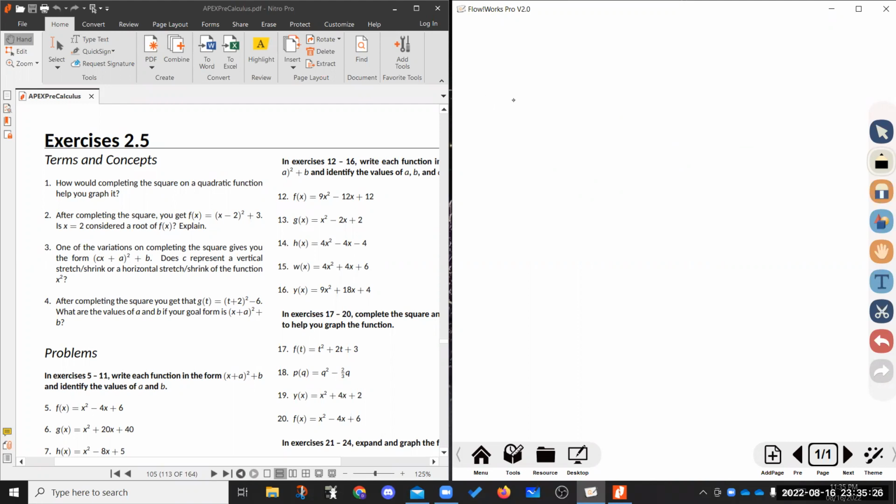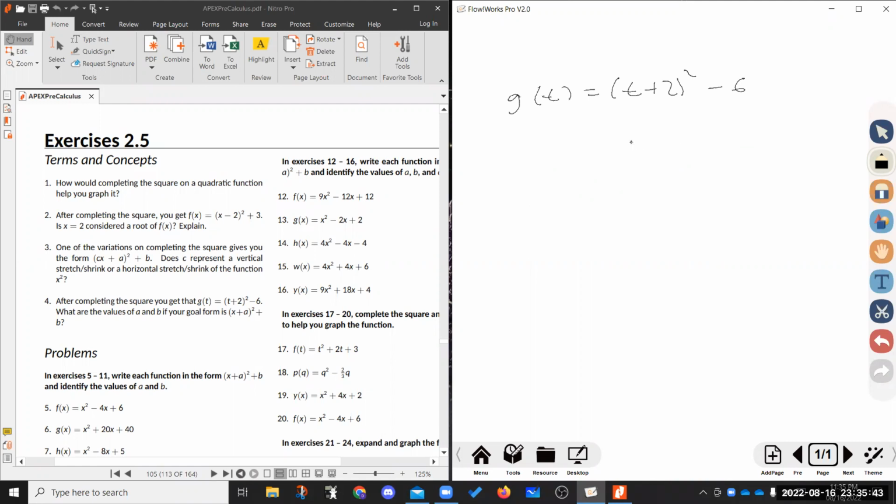After completing the square, you get that g of t is equal to t plus 2 squared minus 6. What are the values of a and b if your goal form is x plus a squared plus b?